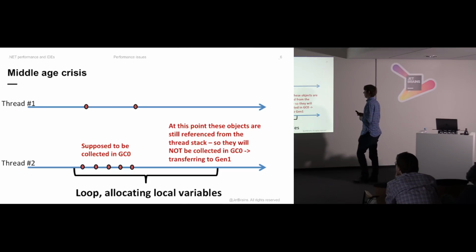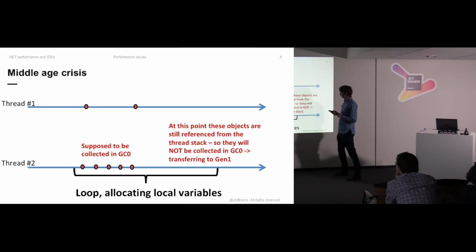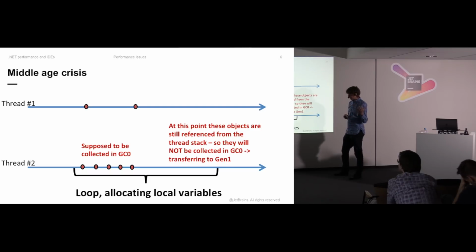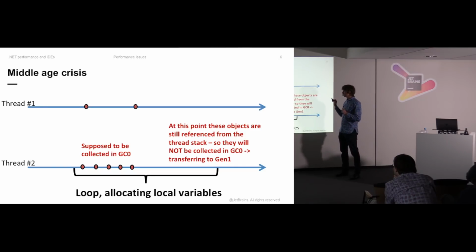So in thread number 2, as I said, I allocate these local variables, some temporal local memory, and then all of a sudden, because thread number 1 also allocates its memory, this threshold of 4 megabytes will be reached during this loop, right? Before this loop ends.